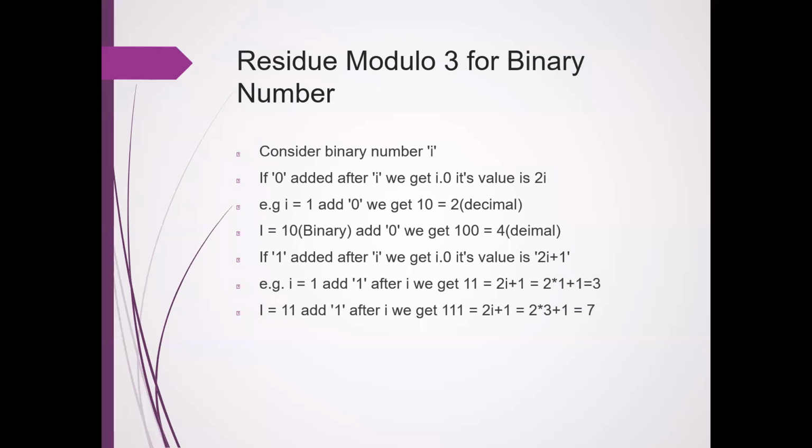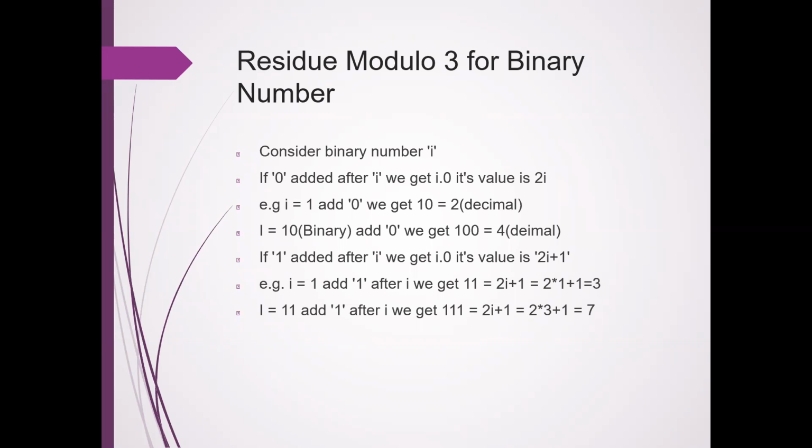If you concatenate 0 to 10, which binary number will you get? 100. So its decimal equivalent is what? 4. So 4 by 3, what will you get? 1.